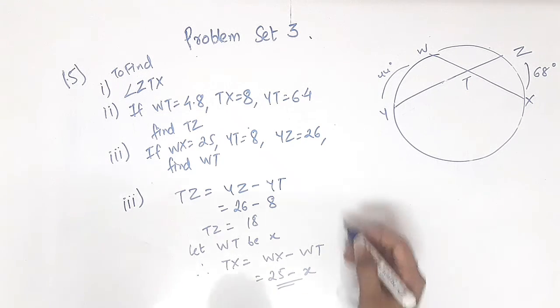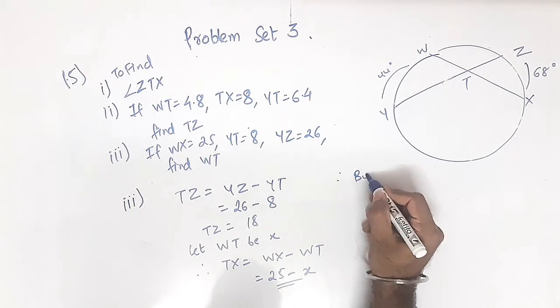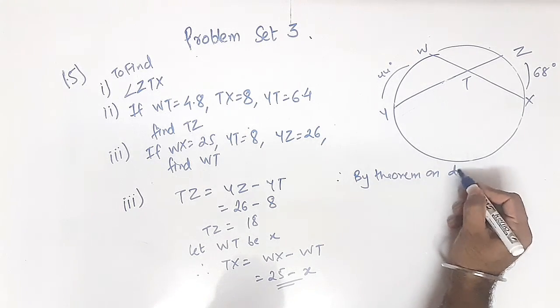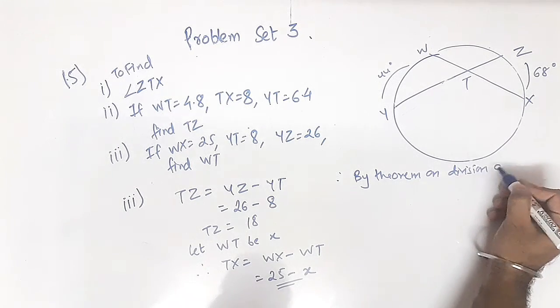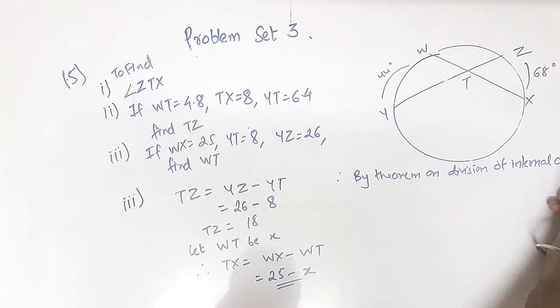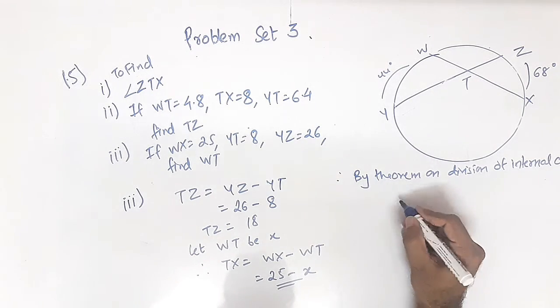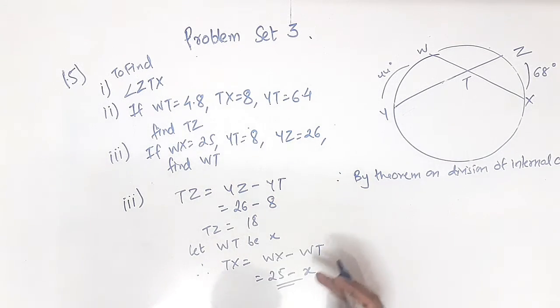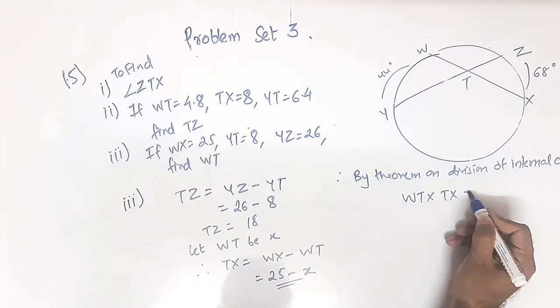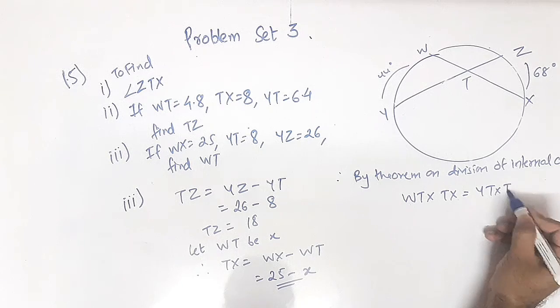Now let us apply the theorem on division of internal chords, with WT as x. I'll write first WT into TX is equal to YT into TZ.